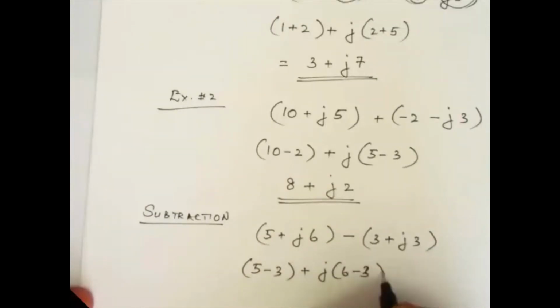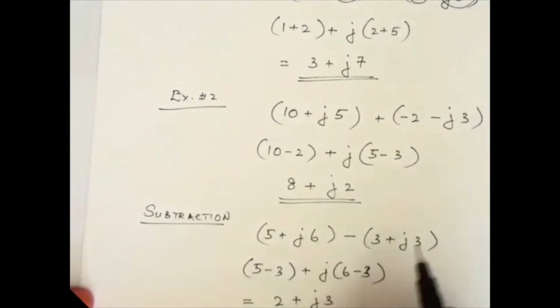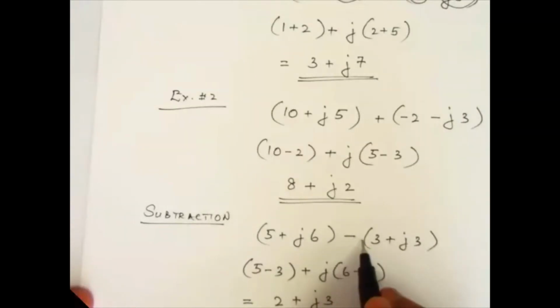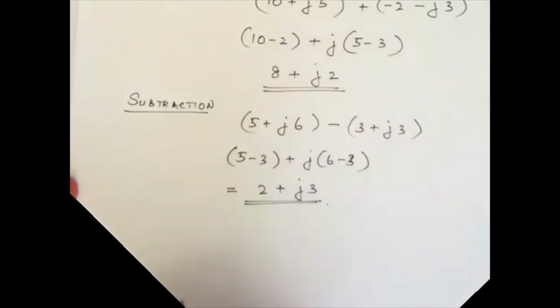So the final answer will be 5 minus 3, that is 2, plus j(6 minus 3), that is 3. So you have to be careful about the signs of these numbers, and when you open the bracket, multiply by the sign in front and do the subtraction. So it's quite simple, quite straightforward.